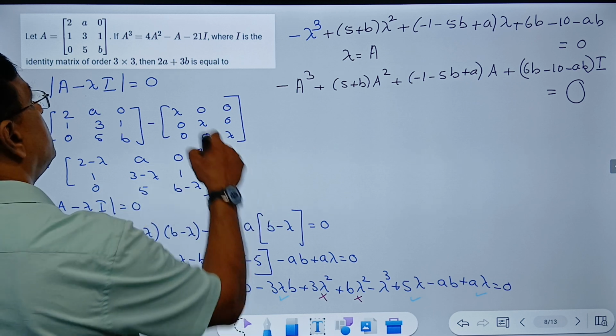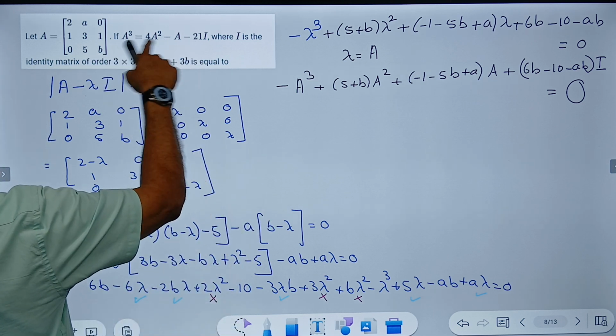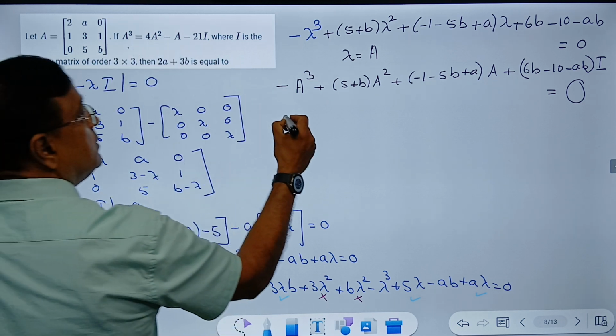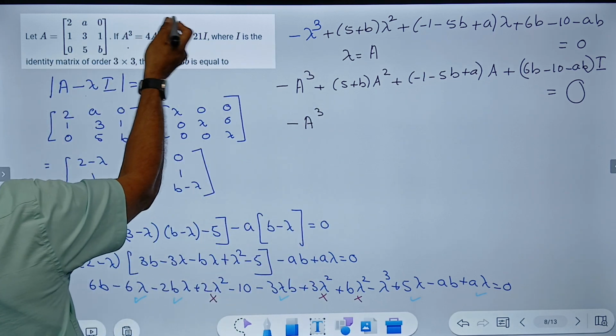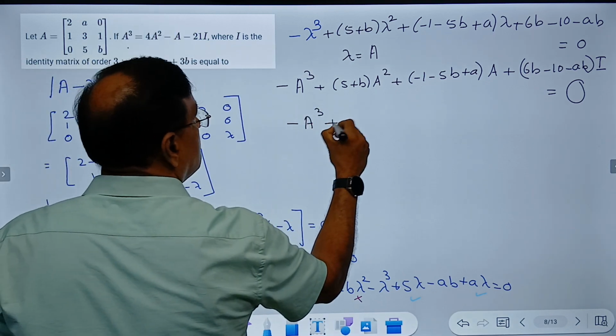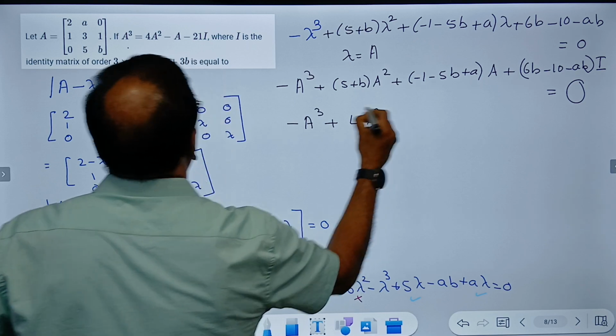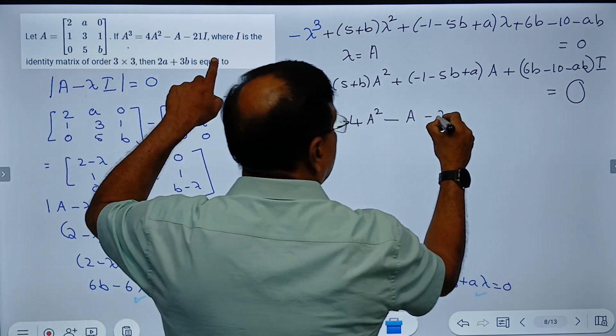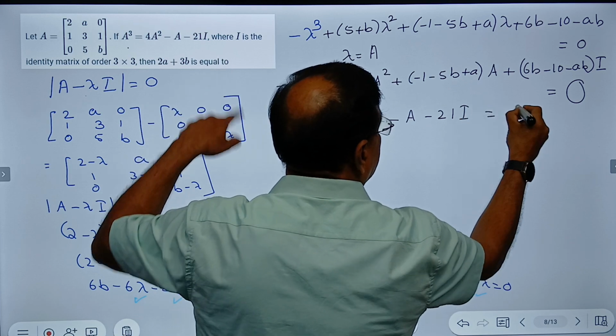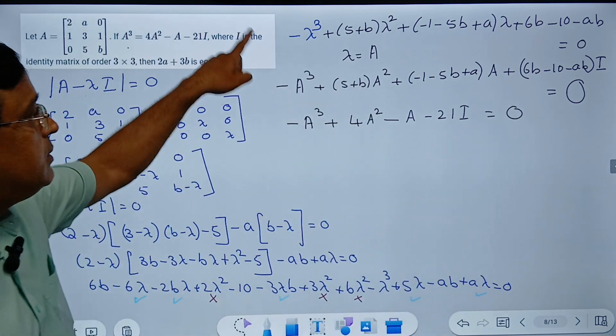Now what do you do? All that you need to do is compare this equation. What is this actually? This is actually minus A cube, I'm taking it to that side, plus 4A square minus A minus 21I equal to 0. Now compare them.